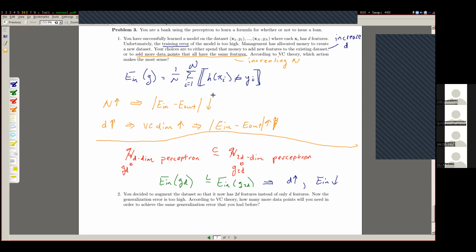Jim? So for the green vector, because there isn't zero decrease, is G2... So the 2D here is the larger hypothesis set that has twice as many dimensions.